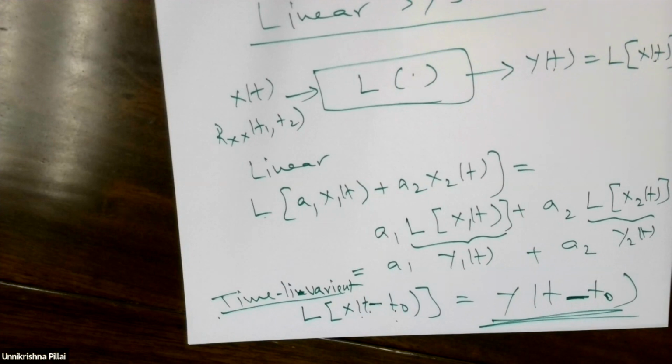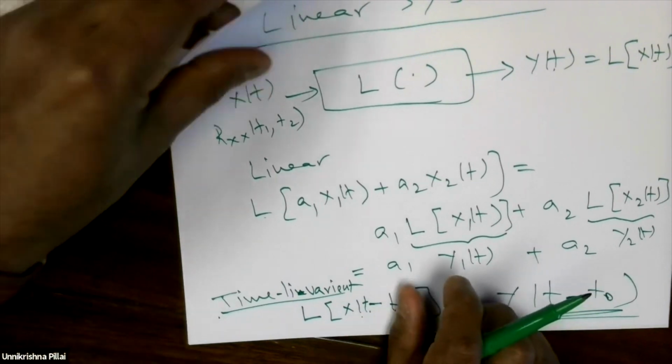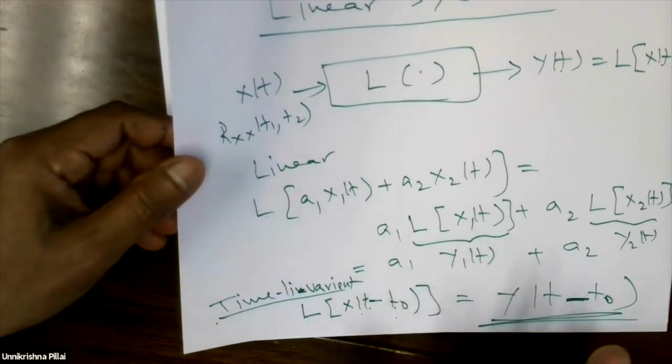So time invariance is an inherent quality we need in almost all of them. Your refrigerator, your oven, washing machine, you want the washing machine to clean the same way tomorrow also. So most of the systems are linear time invariant, at least the ones we deal with.